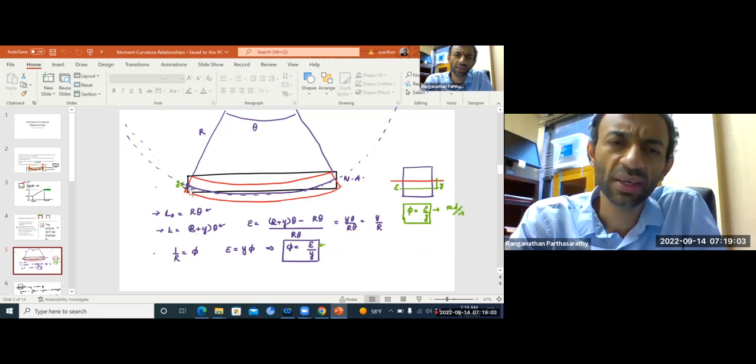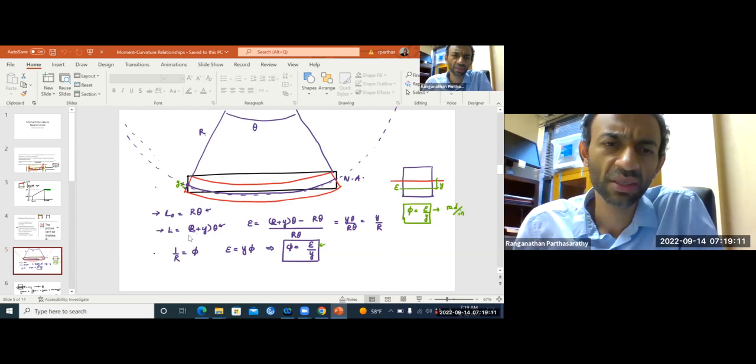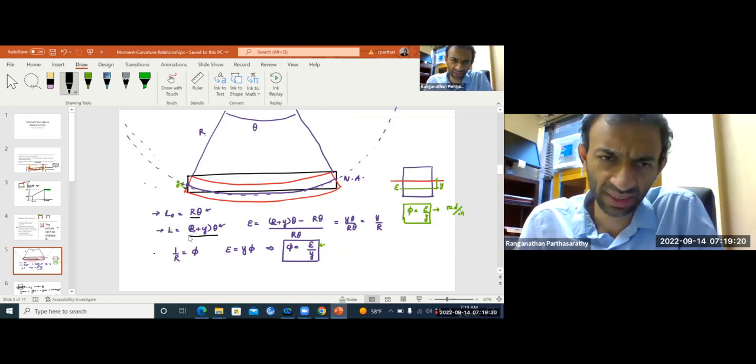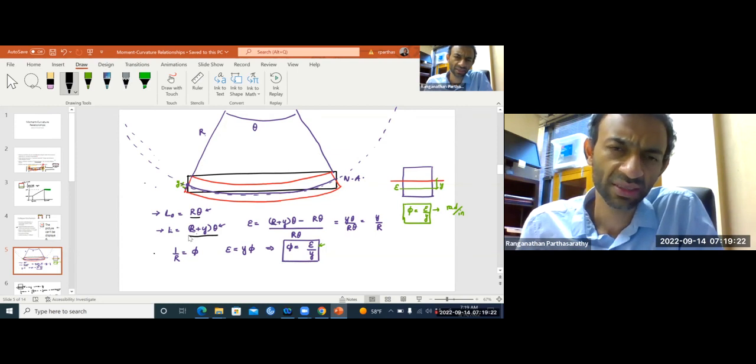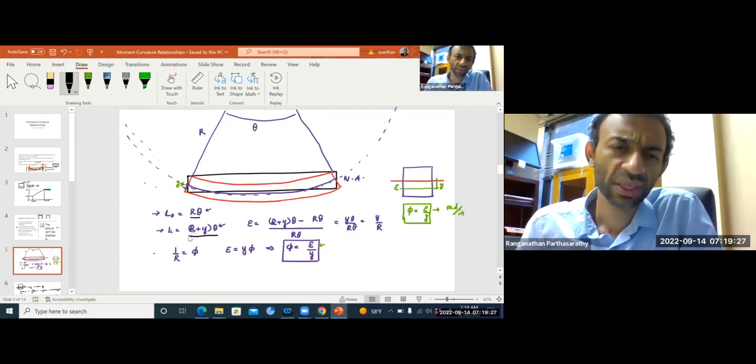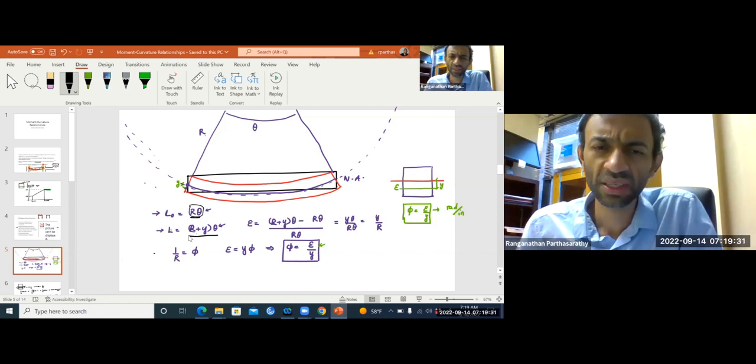So if you look at a fiber which is at a distance y below the neutral axis, then what's the deformed length of that fiber? R plus y times theta, right? And the neutral axis length is r times theta. It's just your s equals r theta, the arc length formula. So before bending, everybody had the length r theta. Now your fiber here has the length r plus y times theta.